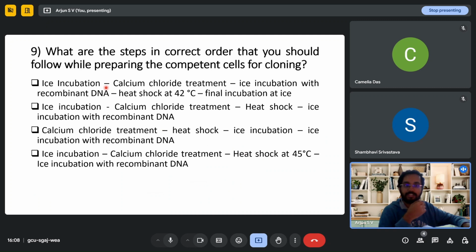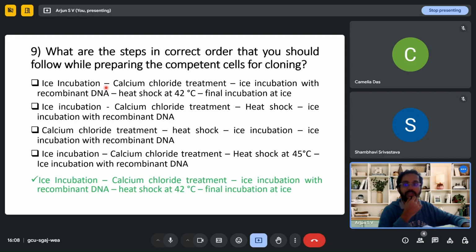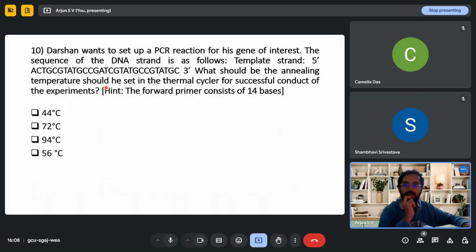We just have to figure out the correct flow while preparing the competent cells for cloning. The correct option will be option C: ice incubation, calcium chloride treatment, ice incubation with recombinant DNA, heat shock at 42 degrees Celsius, and final incubation on ice.